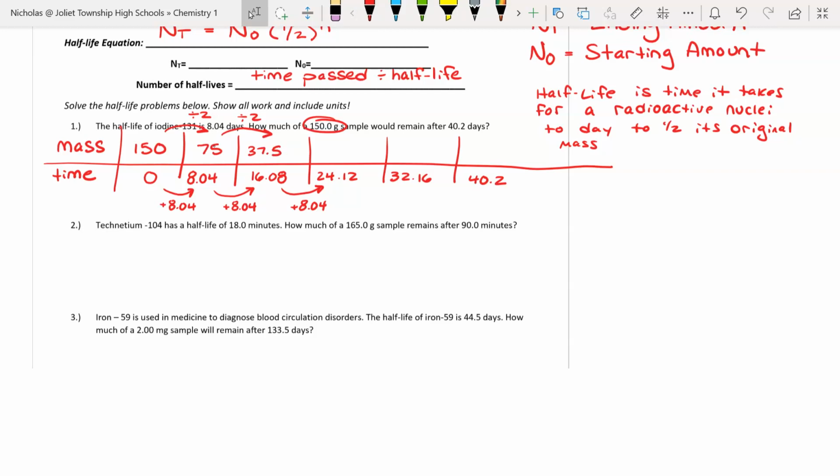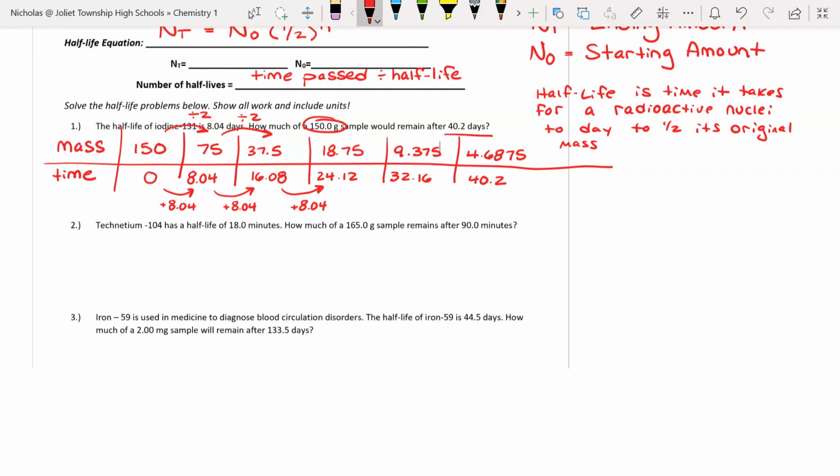Half of 37.5 is 18.75, and then 9.375, and then 4.6875.